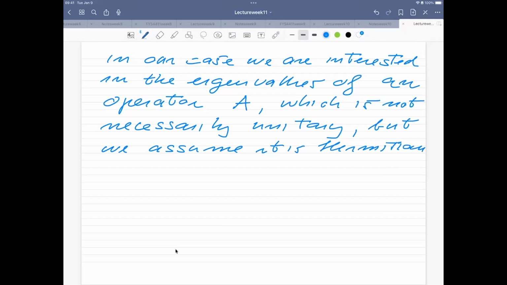So the typical problem we are interested in is A times some state psi equals some eigenvalue a times psi.